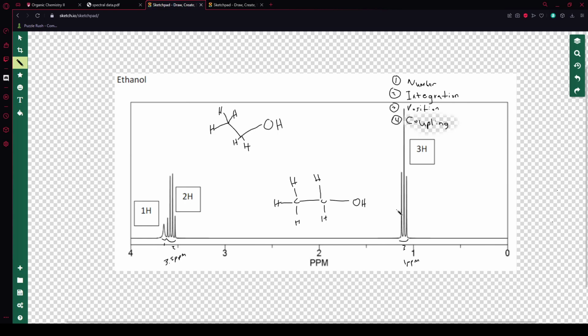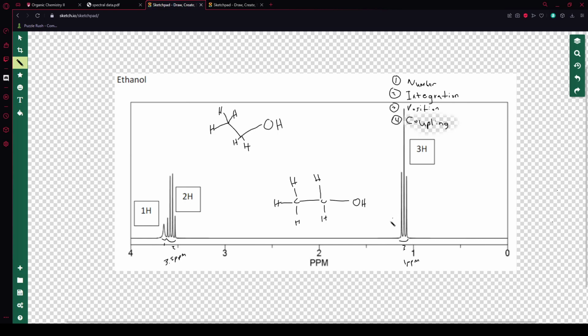The first peak is just to know that there's a hydrogen there, or multiple hydrogens there, and they're part of your molecule, right? And then we are going to say any additional peaks are hydrogens that your hydrogen is coupled with.